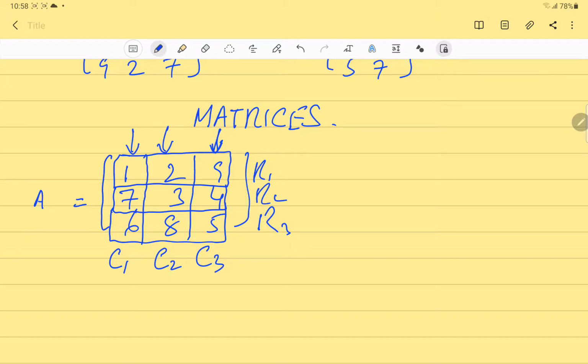Similarly, this row is the first row, then the second one, and then the third one. So this is a matrix of order 3 by 3. First we write the number of rows, which is 3, then we write by, and then we write columns. So this is a matrix of order 3 by 3.